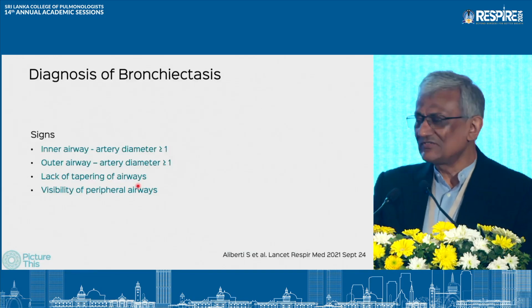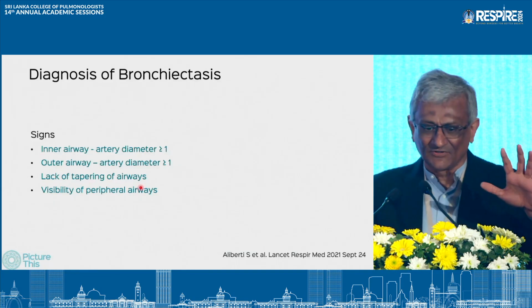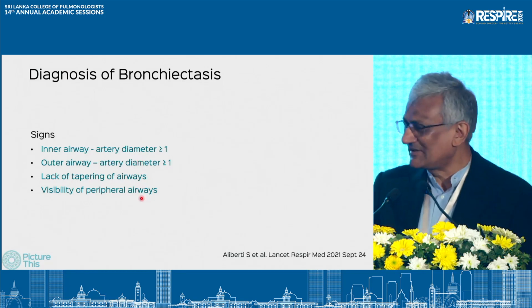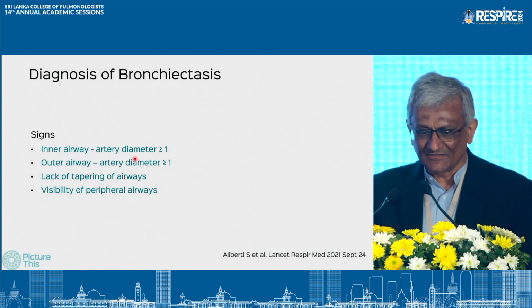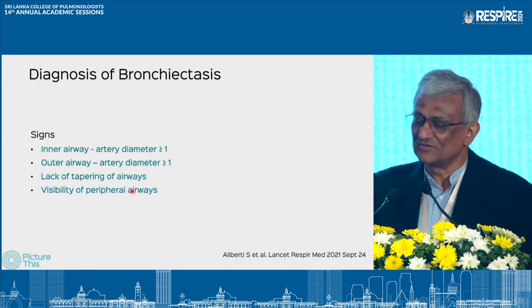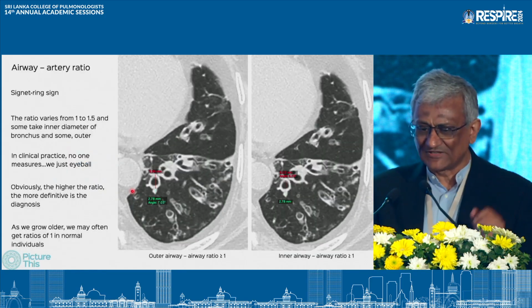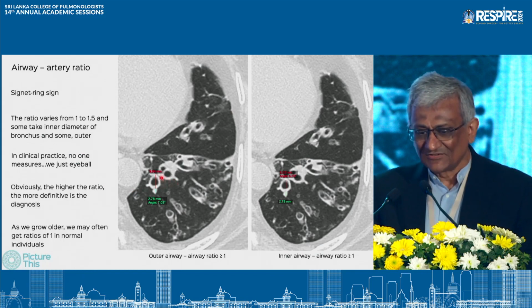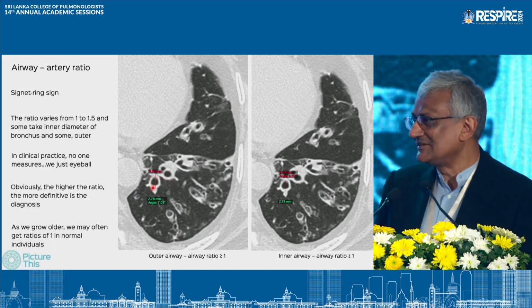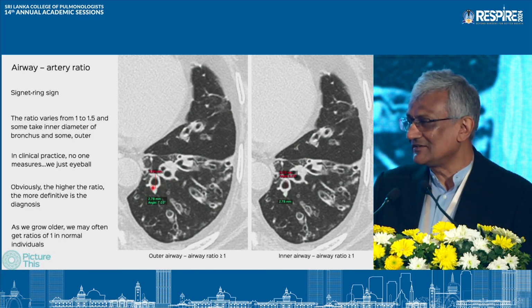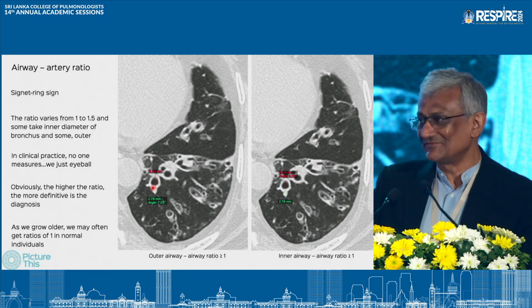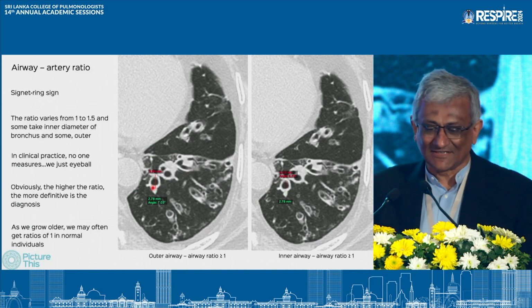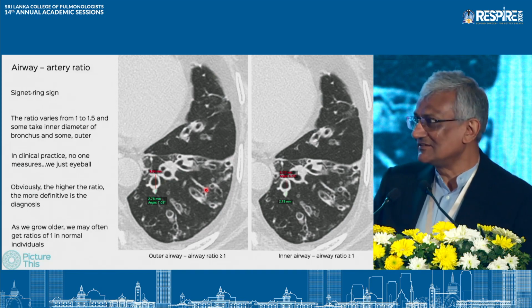The diagnosis of bronchiectasis involves these three parameters, basically when the airway is larger than the artery, and then the other two that you see here, and I'll just show that with examples. So there is some debate about whether we should measure from the outer diameter to the outer diameter or use the inner diameter. It doesn't really matter.